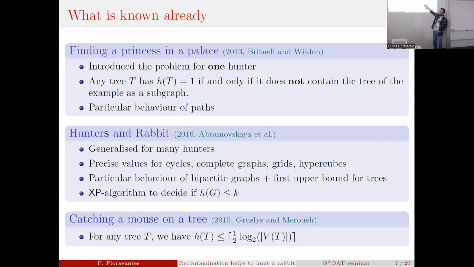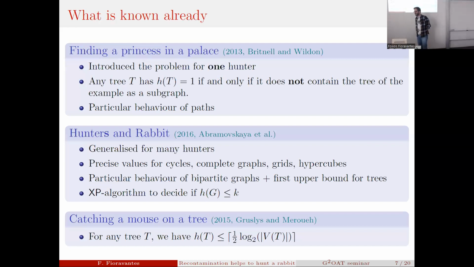The dates do not fit. This is a journal paper, that's why they do not fit. And they gave an XP algorithm to compute k, the minimum number of hunters. The XP algorithm is the usual one, taking many instances of the graph and building them. I will not explain it.